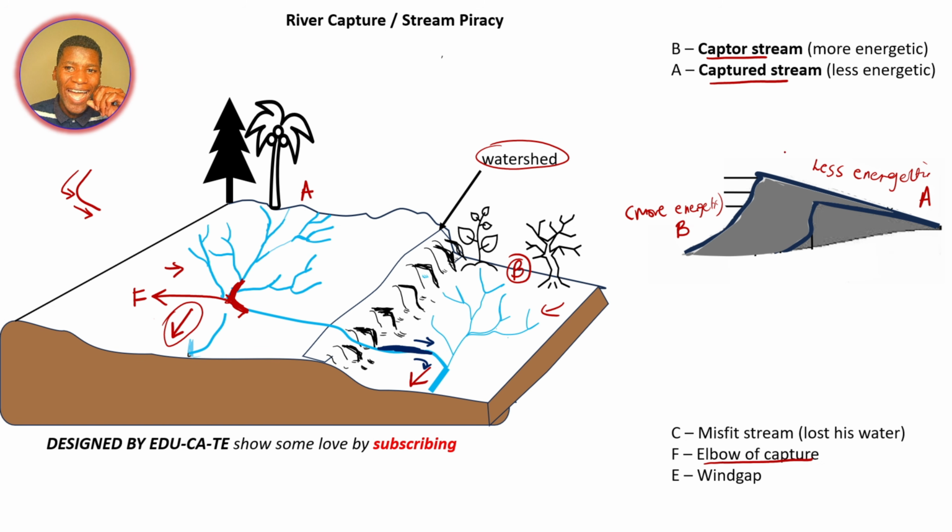This is the higher ground, the higher lying area, that is separating the two rivers. This is our watershed. So now, since we've said that river B is more energetic and it will erode headwards, it will erode vertically through the watershed.